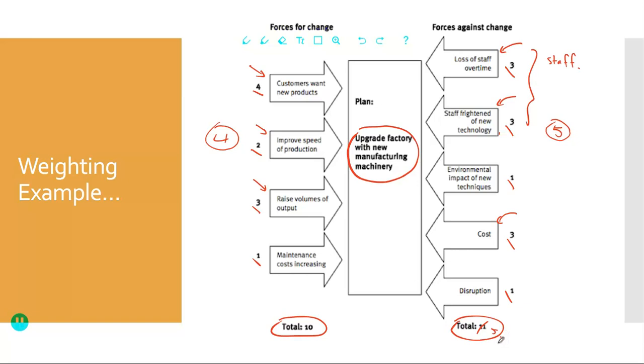If we can convince them they won't lose overtime, or maybe pay them more because of this, or educate them or train them on the technology so they're not as frightened, we might even be able to turn them into a driving force. And we might suddenly have a case where we are now at 12 to 5, and the success of this change strategy should be guaranteed.